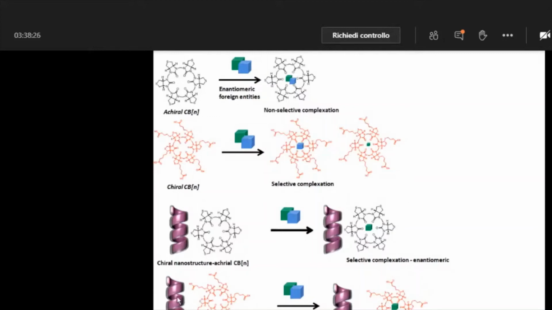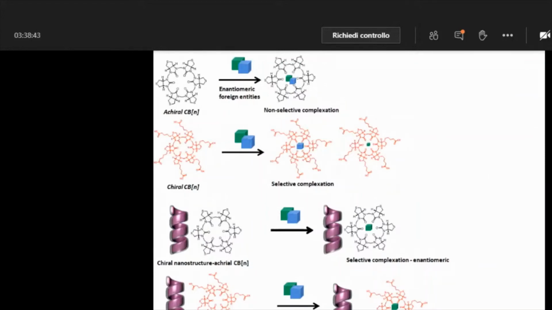For example, the helices can be left-handed or right-handed. Say you start with right-handed helices, as in this case, and let them interact with a chiral cucurbituril molecule, and then try to sense a racemic mixture.